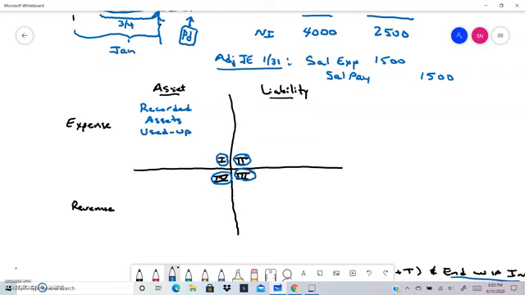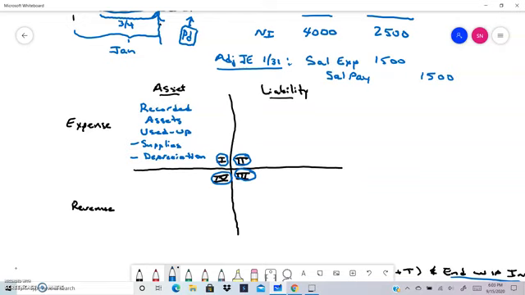Okay, so examples of these would be supplies, depreciation would be an example here, and prepaid assets would be another example.